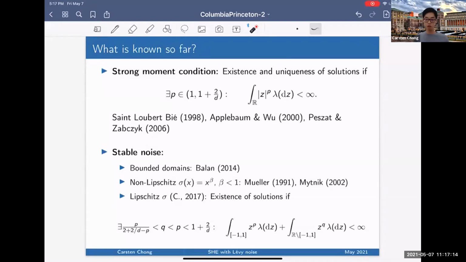So you have freedom to choose two different exponents, one P, one Q, one for small jumps and one for big jumps. The P and Q have to be related somehow. I don't want to go into detail here, so they are related, but you have the freedom to choose two different ones. And that in particular would cover, for example, all alpha stable noises with alpha between 0 and 1 plus 2 over d. So that's already an improvement compared to the original condition here.